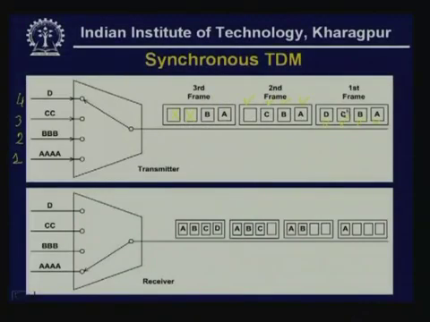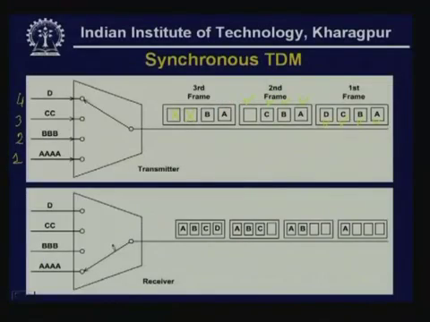What we are observing in this particular case is that the data generated by framing has some redundancy. That means, if a particular source has no data to be sent, that particular slot goes empty, because each slot is dedicated to a particular source.